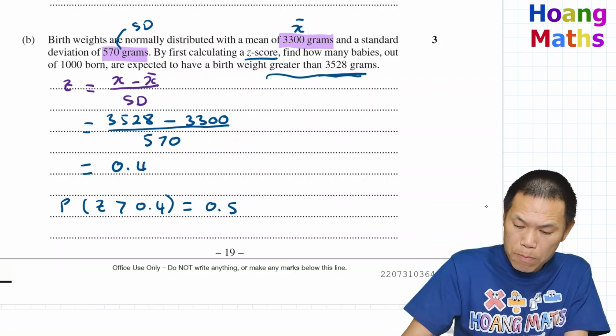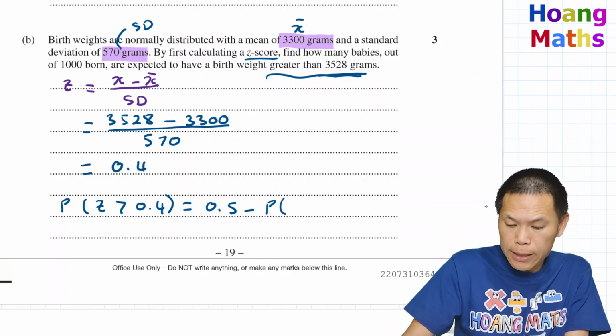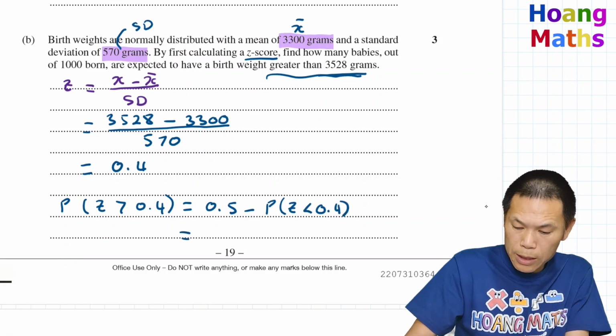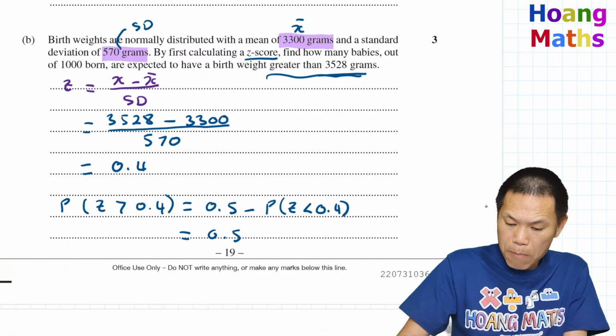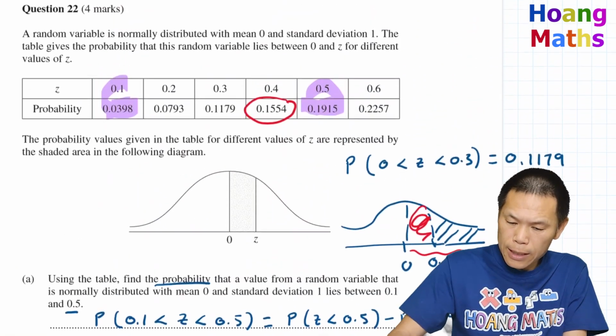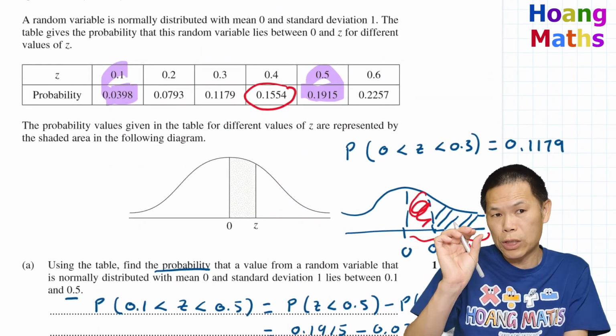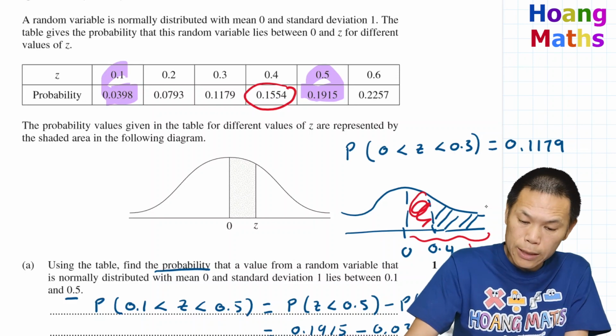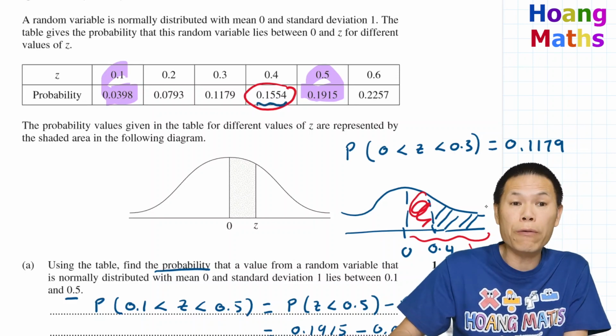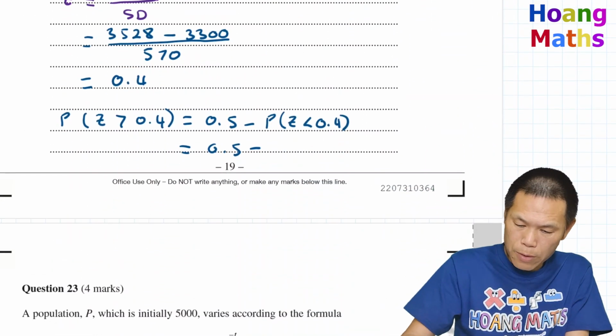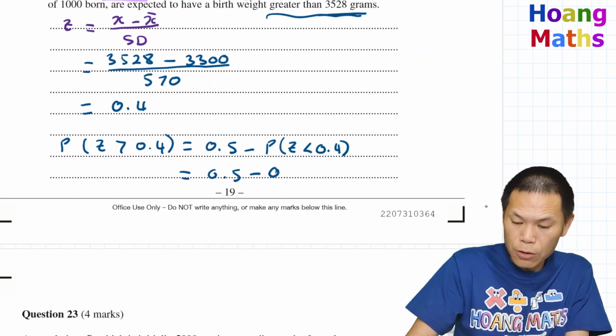So that is equal to 0.5, because from halfway is 0.5. And then we minus the probability of z between 0 and 0.4. That gives me 0.5 minus, for z between 0 and 0.4, this number here, 0.1554. So we minus 0.1554.